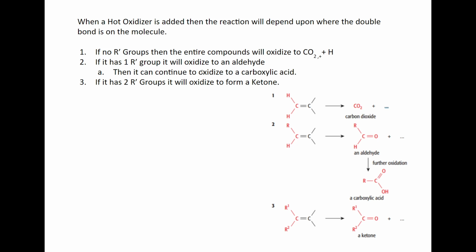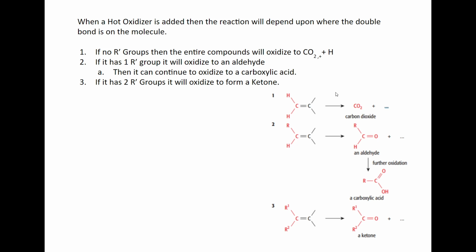If it has a single R group, it's going to end up making first an aldehyde, and if we continue to allow it to oxidize, it's then going to make a carboxylic acid. Okay, so if it has one R group, we're going to say that we have two major products that are formed. We're going to make an aldehyde and a carboxylic acid. And notice this is because it has one R group that's associated with it. Okay, and for both of these reactions, we're going to have to consider both the carbons on the side of it.